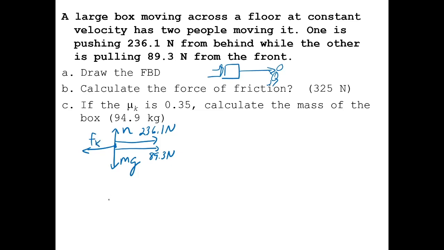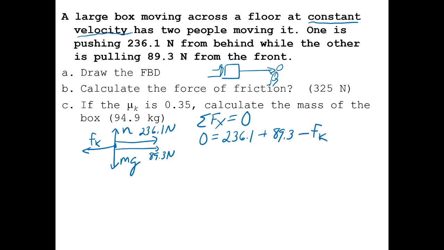So A asks us to calculate the force of friction. The nice thing in this problem is that it's at a constant velocity. We really like constant velocity problems because then the sum of the forces is 0. The forces going forward are the 236.1 from the push and the 89.3 from the pull.